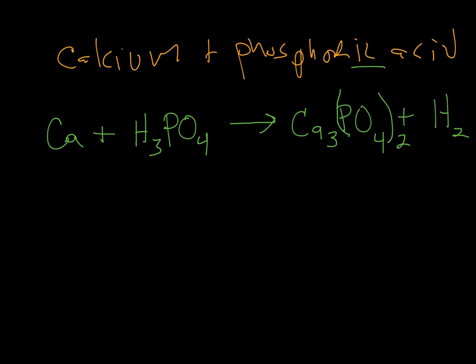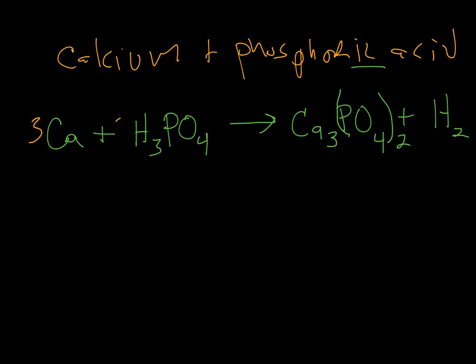So now I have to balance it. Since I have over here 1 calcium and over here I have 3 calciums, I know I'm going to need to put a 3 in front of my calcium. That doesn't really help me a whole lot. Now, I do know also that I have 2 phosphates. So over here, I need to have 2 phosphates, and right now I only have 1.